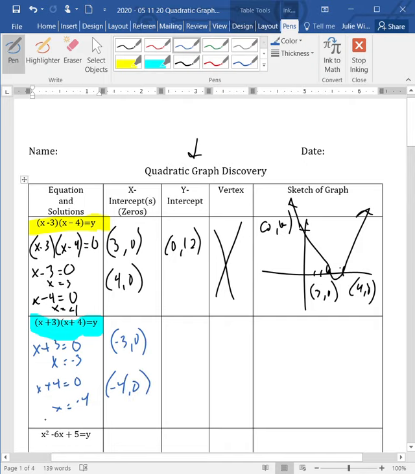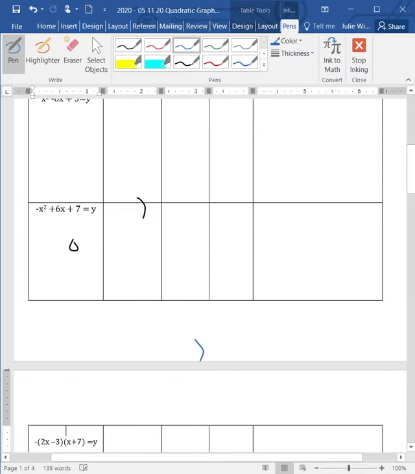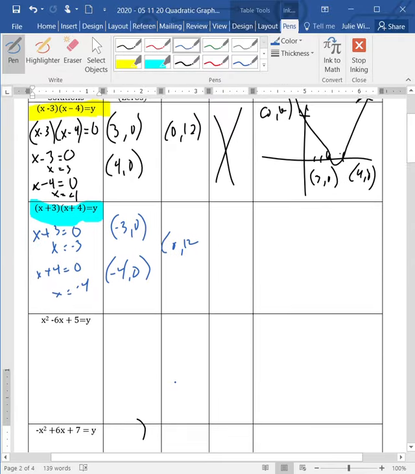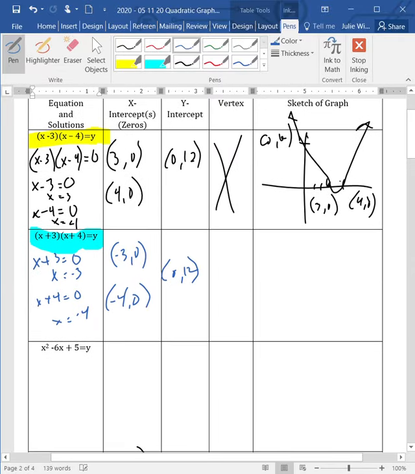Huh. So my solutions are the same things as my x-intercepts, right? And we kind of talked about that, and that's what that means. Okay, now let's talk about the y-intercept. Okay, it's also at 0, 12. I wonder where that 12 comes from. That's interesting. Let's not worry about the vertex.